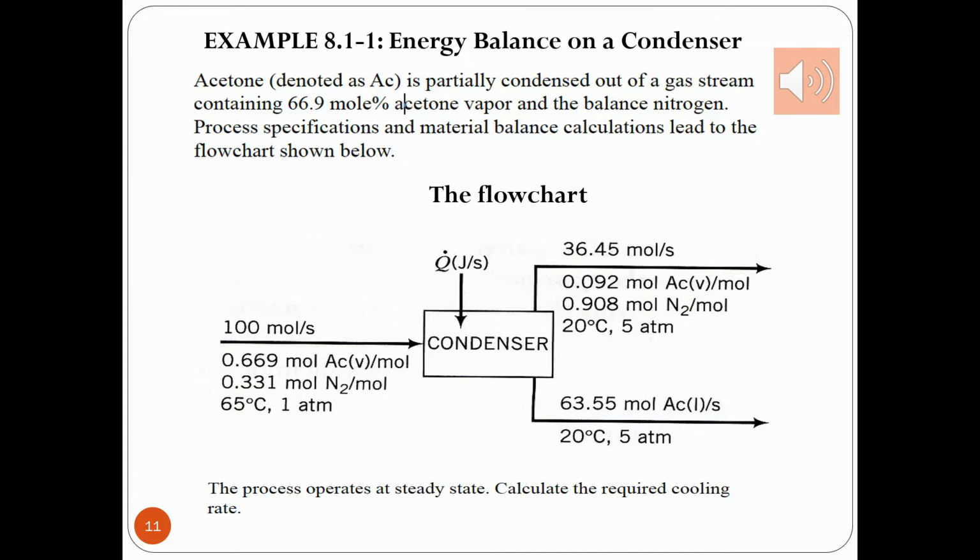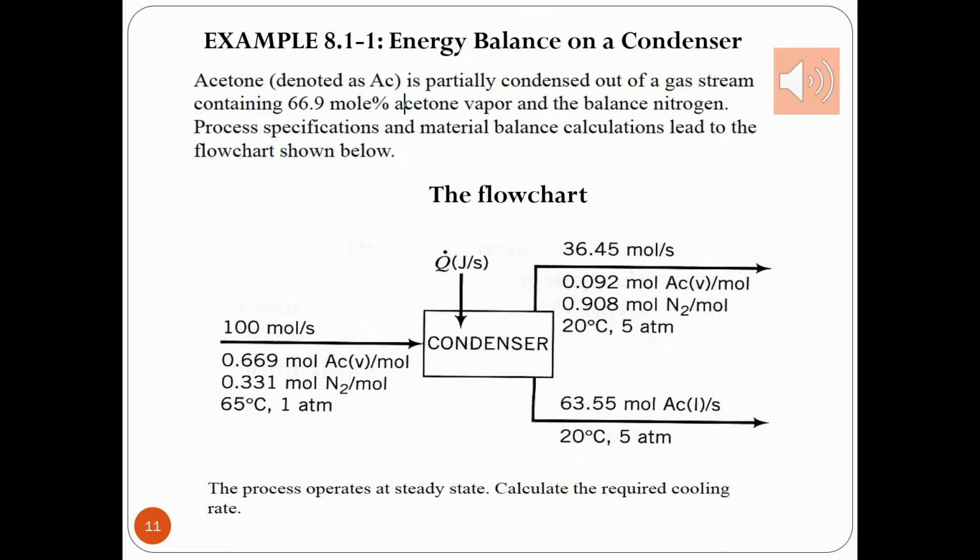So here is our first example, the energy balance on a condenser. The acetone is partially condensed out of a gas stream containing 66.9 mole percent acetone vapor and the balance nitrogen. The process specification and the material balance calculation lead to the flow chart shown below. The process operates at steady state.